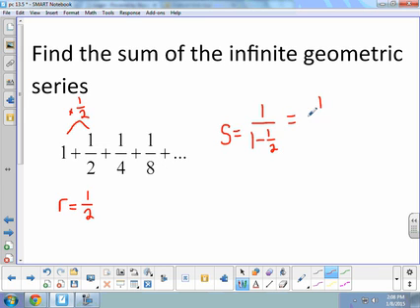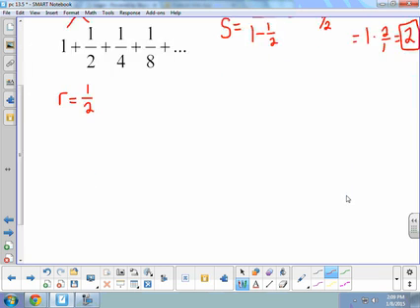So you get 1 over 1/2, which, if you need a little bit of refresher on fractions, is the same as 1 divided by 1/2, and when we divide by fractions, we're really multiplying by the reciprocal. So if we took that series out for a long time, that number is going to get really close to 2, and if we were able to take that out to infinity, it would be 2.